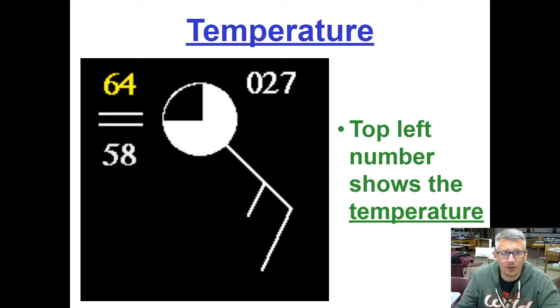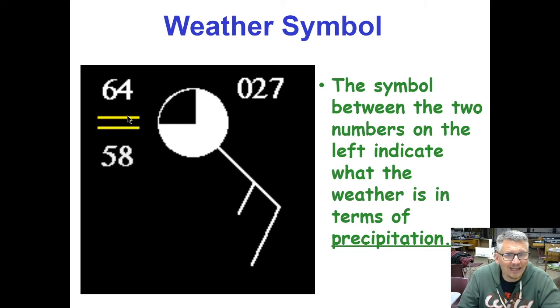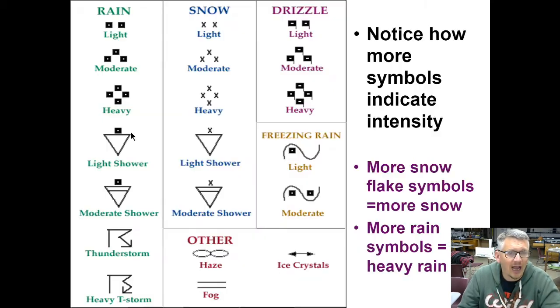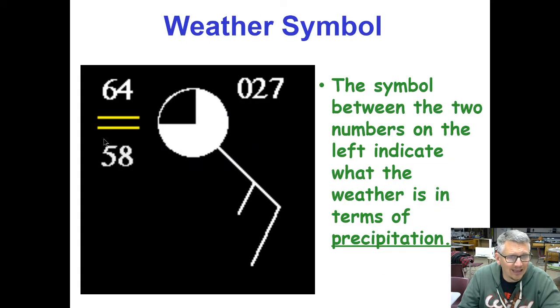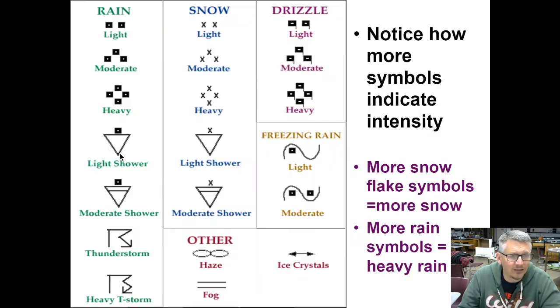When you watch the weather on the news, it is in Fahrenheit. Underneath it, this is going to be a descriptor of what the weather is like. And underneath that is going to be the dew point.